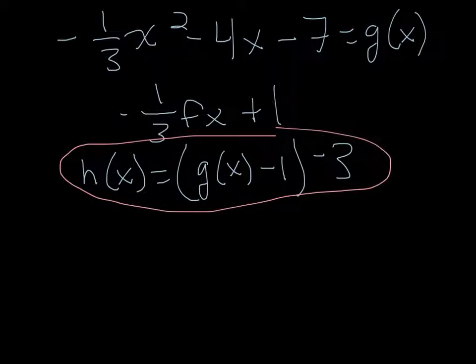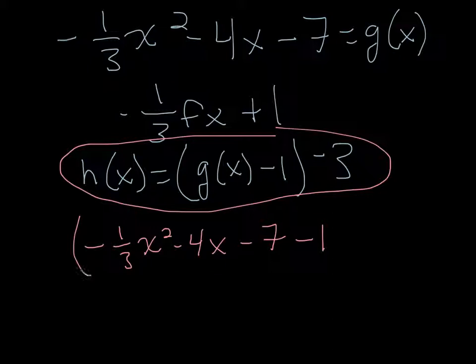Let's try it. So take our g of x. We're going to take -1/3 x squared minus 4x minus 7. We're going to subtract 1 from this, and then we're going to multiply the whole thing by -3.